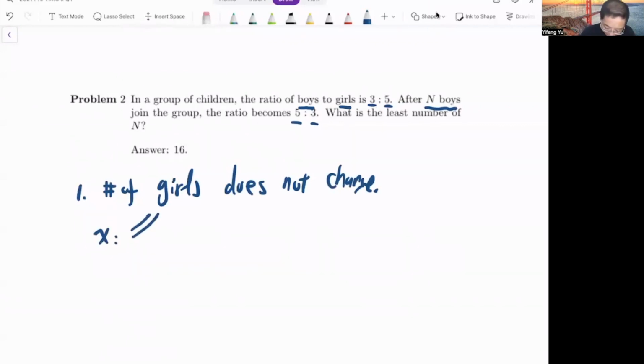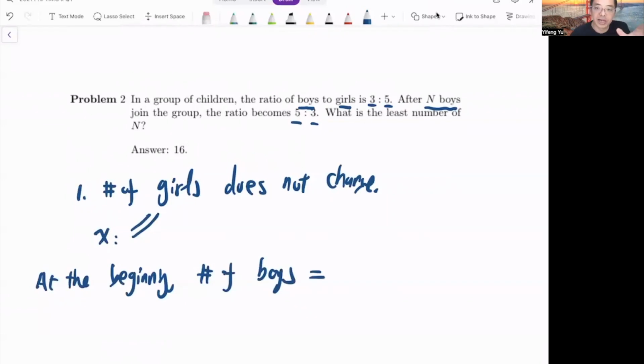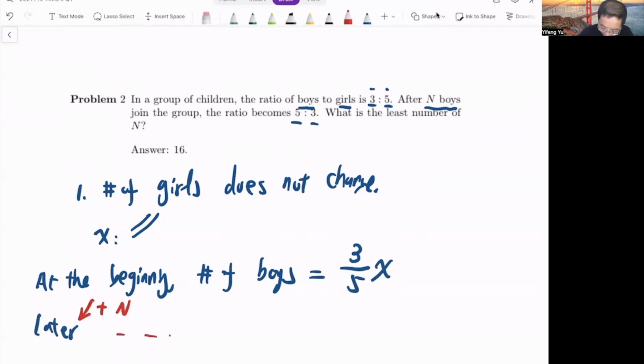At the beginning, the number of boys equals, because the ratio is 3 to 5, 3 over 5 times x. And later, after you add these n new boys, the ratio of boys to girls is 5 to 3, so the number of boys becomes 5 over 3 times x.